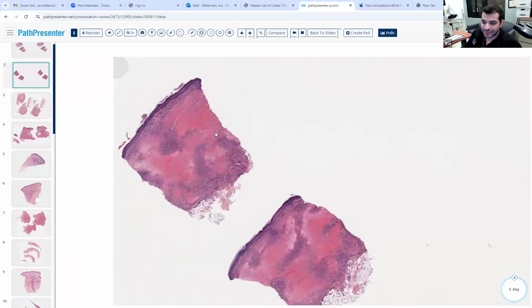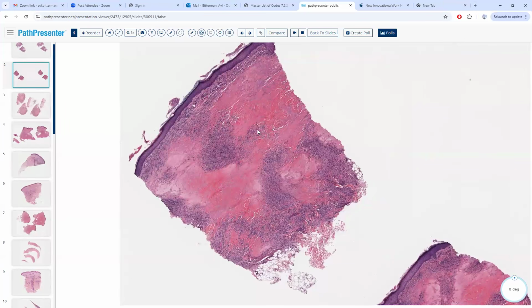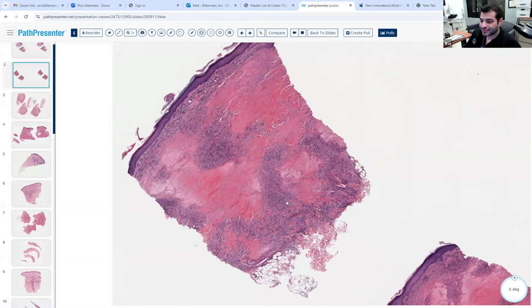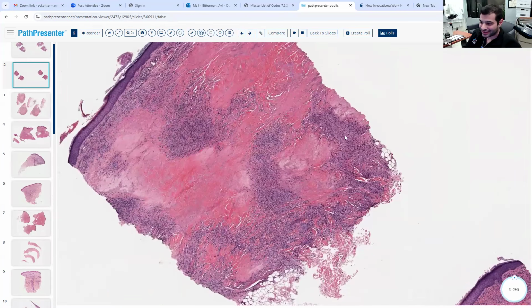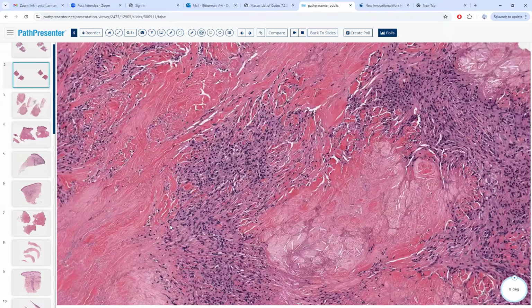What about this one? This is a square biopsy of rheumatoid arthritis or rheumatoid nodule. So it's in the differential of broader palisaded granulomatous processes, also GA.